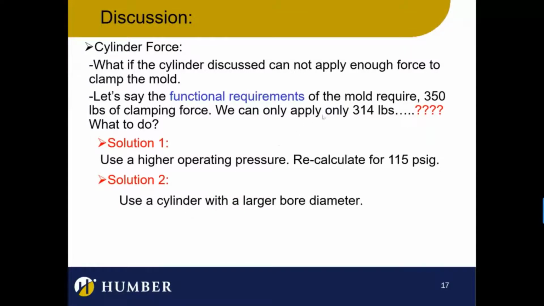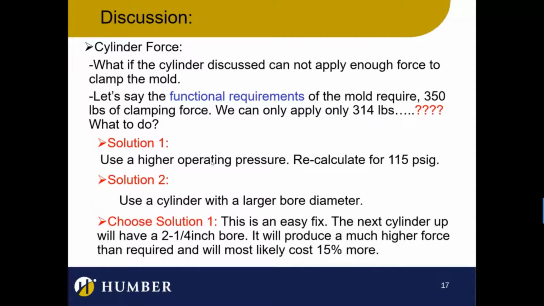Now, if I need exactly 350, that may be a problem. But if I could go one way or the other, it wouldn't really matter. Essentially, it's a lot easier for me to just crank up the pressure a little bit more than it is to go out and buy a cylinder that's a little bit bigger and recalculate.